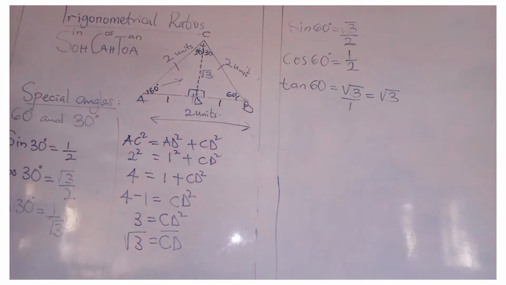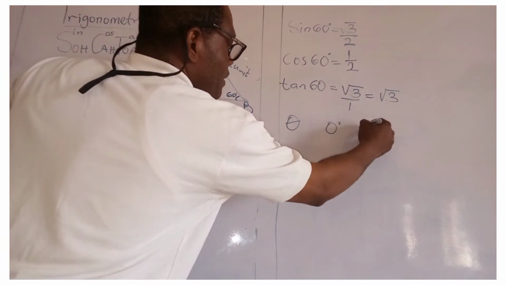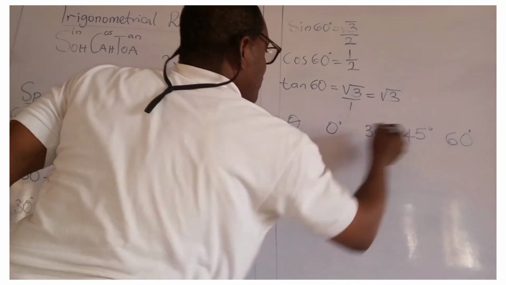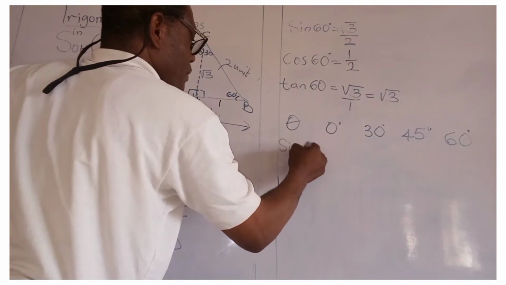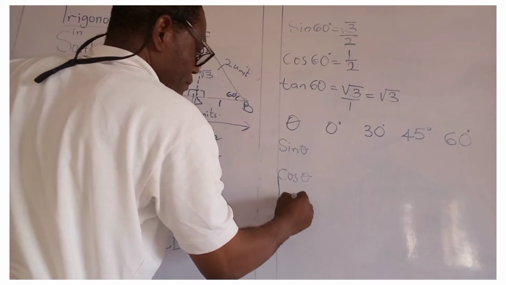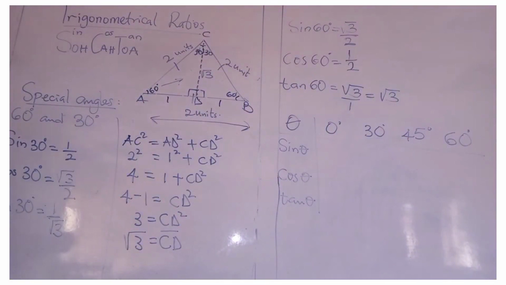Now this solves our problem, and of course we know that you can quickly bring this out as a table. First, we have 0, 30, 45, and 60 degrees. Now, sine theta, cos theta, and tan theta. Earlier, we have done 45.